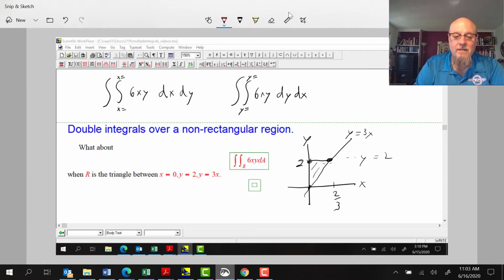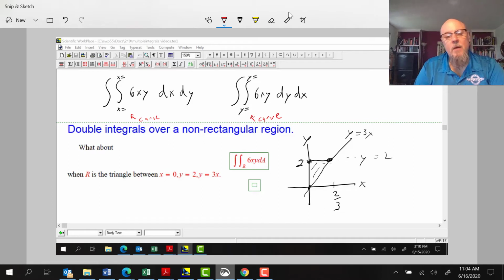When this was a rectangle, I'll do the x one first. When this was a rectangle, what did we put? We put the lowest x and the highest x. And we put them in as a number, but I always now want to think of the inner integrals as always curves. The inner integrals are always curves.